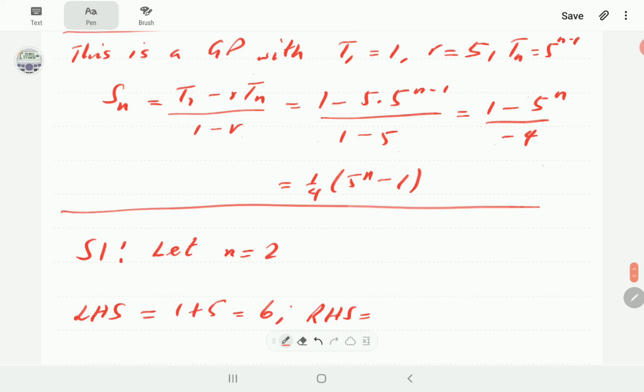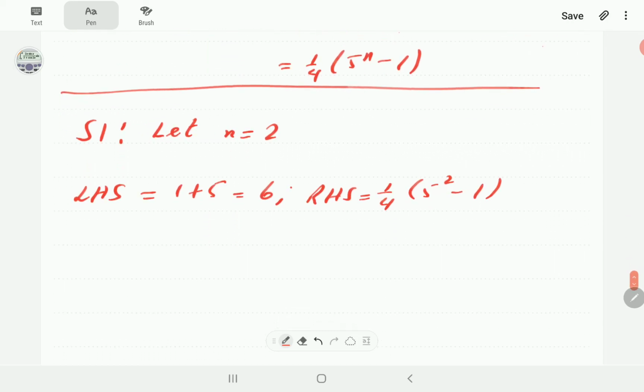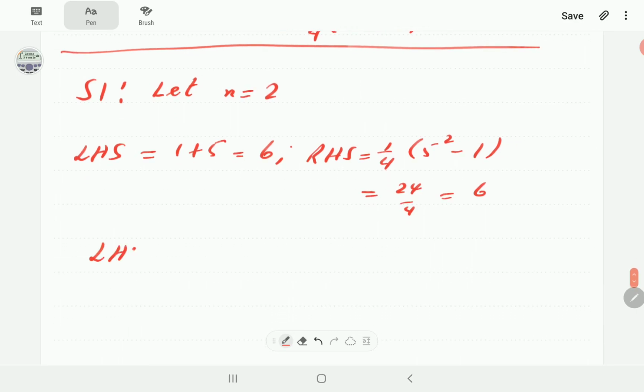So it's going to be 1 over 4, 5 squared minus 1. 5 squared is 25, minus 1, it's 24 over 4. This is equal to 6. Left hand side is equal to the right hand side, and hence the formula is true. You can use formula or proposition.